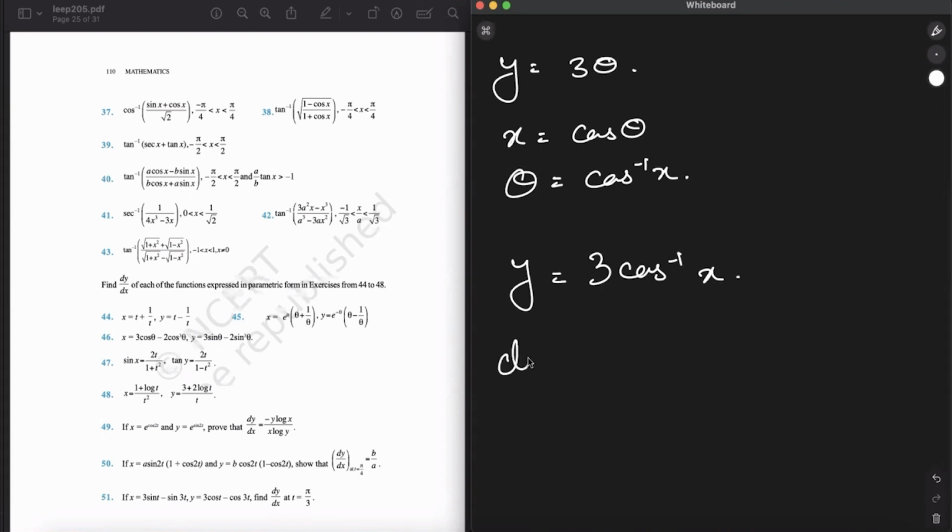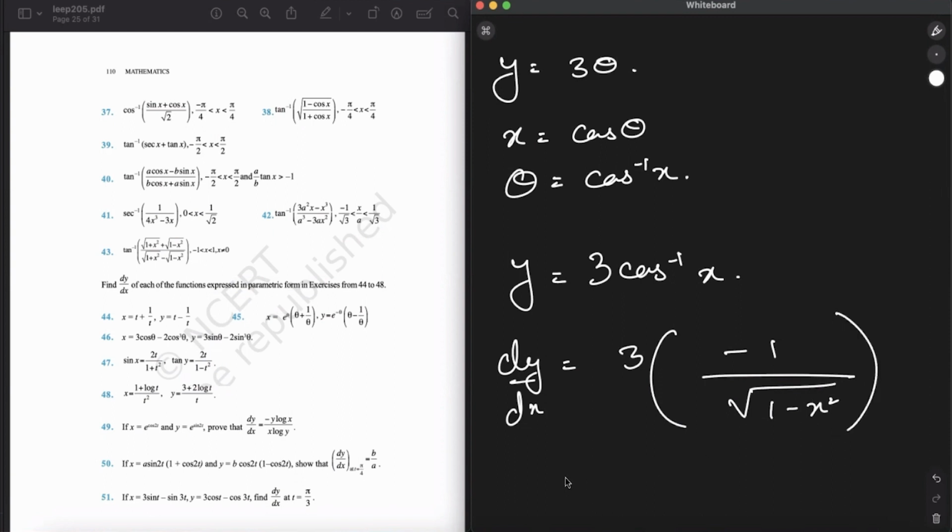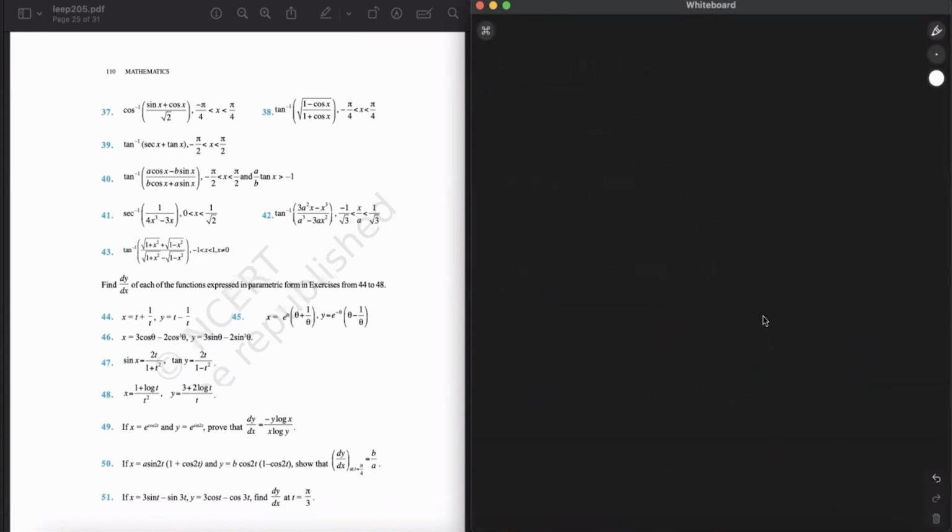Now I just have to differentiate this cos inverse part. This is just a formula: minus 1 upon under root 1 minus x square. So minus 3 upon under root 1 minus x square will be your answer. It was a simple question, right? Moving forward, we'll see the next question.